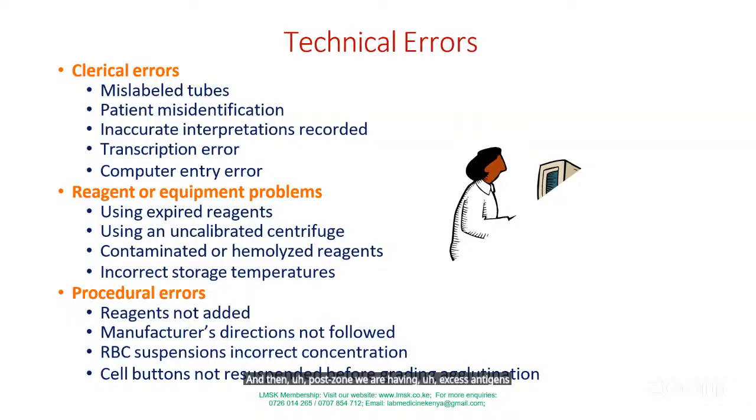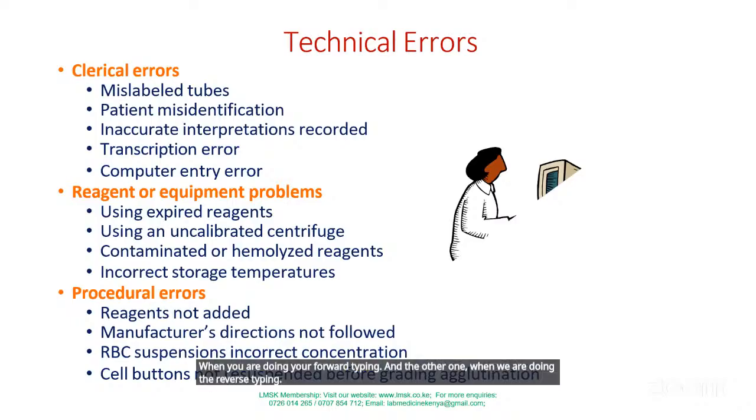So if you are not achieving the zone of equivalence, then you are not likely to get agglutination. So you have to ensure that your RBC suspension is in correct concentration. If it is 1 drop of the cells, then you do 1 drop of the serum or plasma. If it is 1 drop of the anti-serums, then you do 1 drop of the cells of the patient when you are doing your forward typing, and the other one when you are doing your reverse typing.